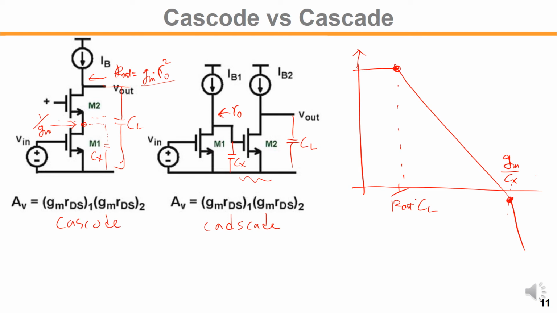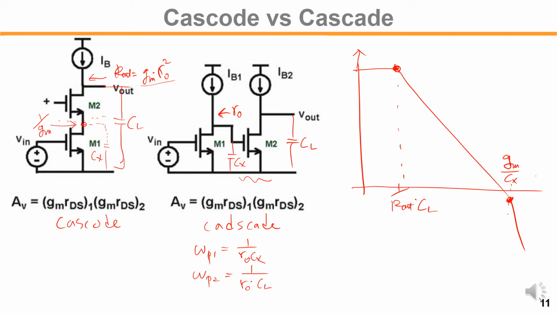What about the cascade case? You have a similar DC gain, but here the first pole, omega P1, the first stage output pole location, would be 1 over RO CX. The second stage pole location would be 1 over RO times CL.